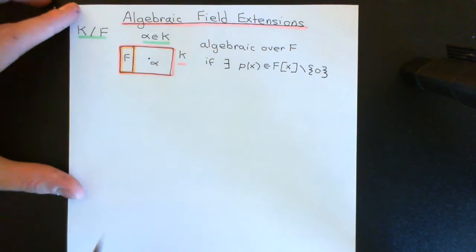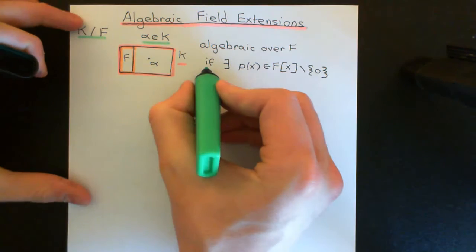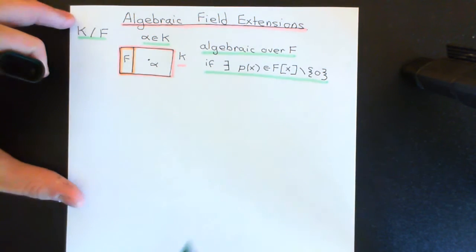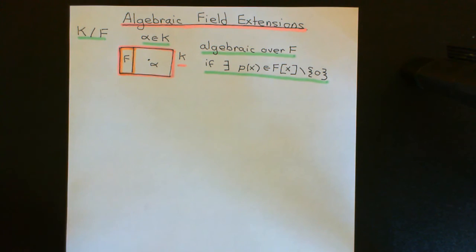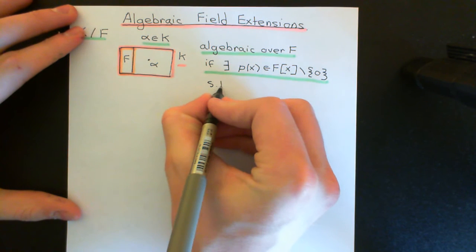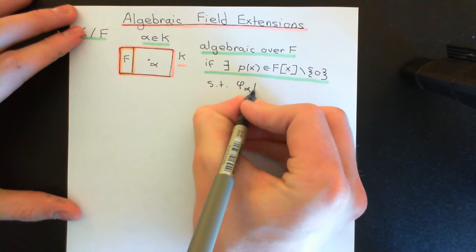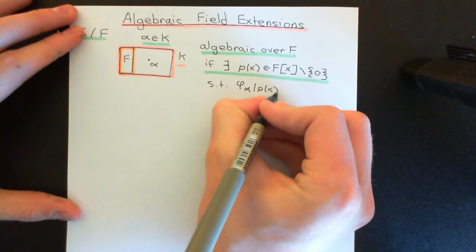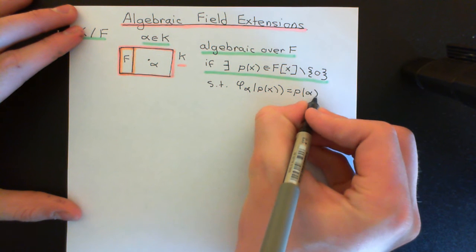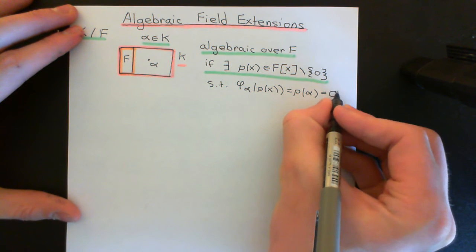So we take out the zero polynomial there, so it's not the additive identity of the ring of polynomials over the field F. It's a non-zero polynomial in the ring of polynomials over F, such that if we apply the evaluation homomorphism at alpha to this polynomial p of x, which would more normally be denoted p of alpha, where you're just evaluating the polynomial at alpha, you get 0.